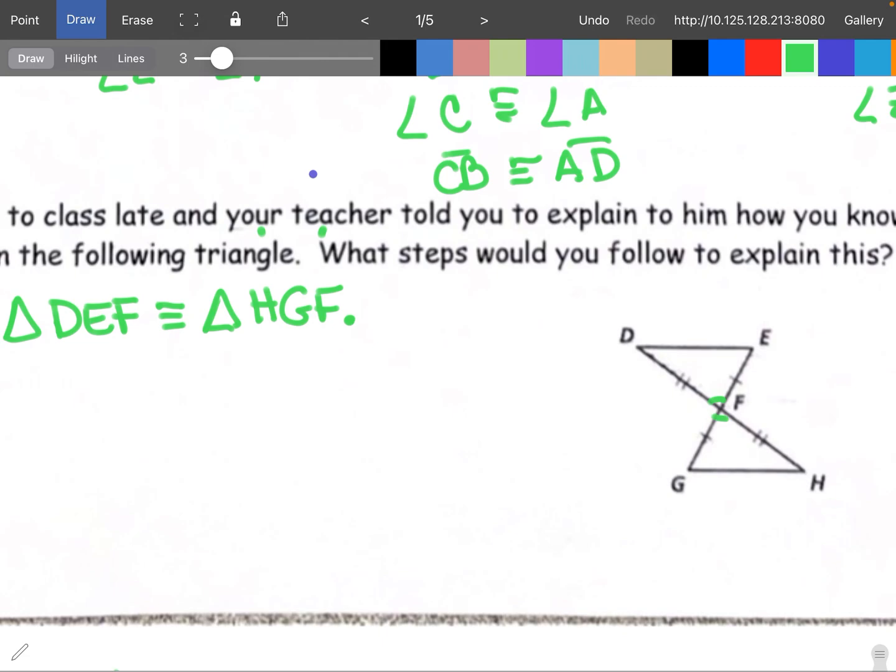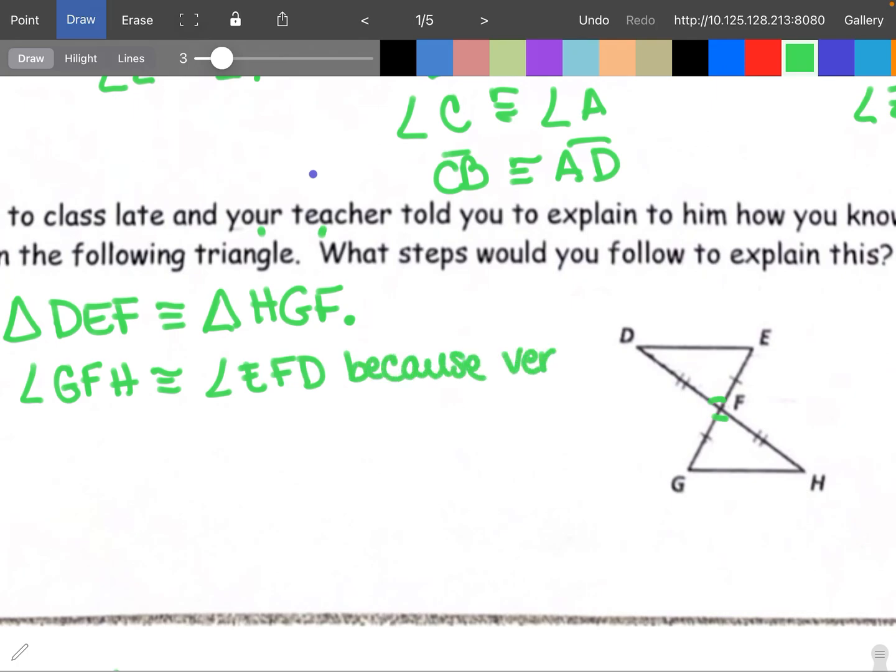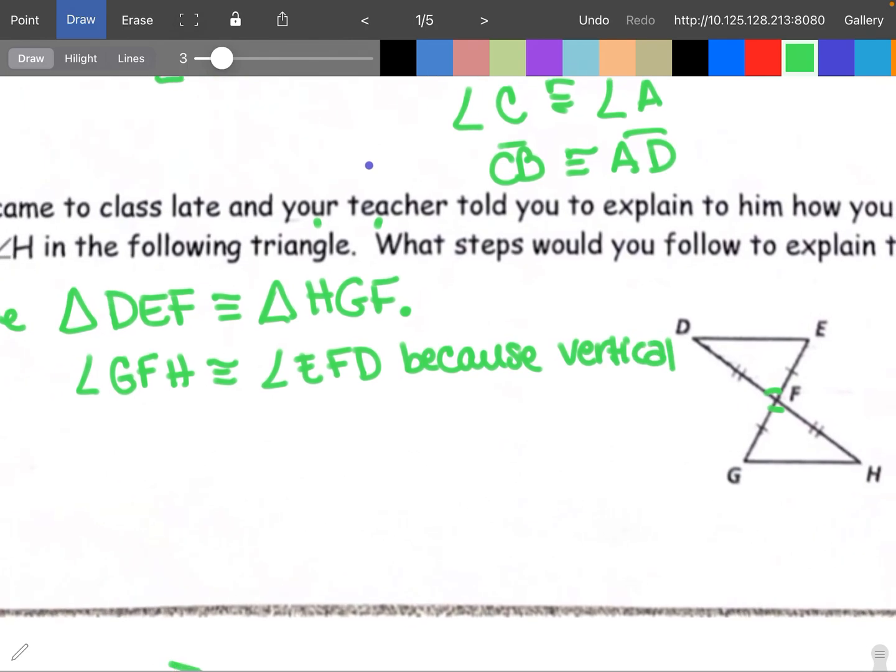So I'm going to say angle GFH is congruent to angle EFD because vertical angles are congruent.